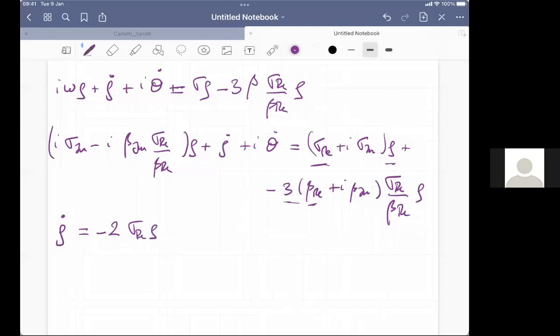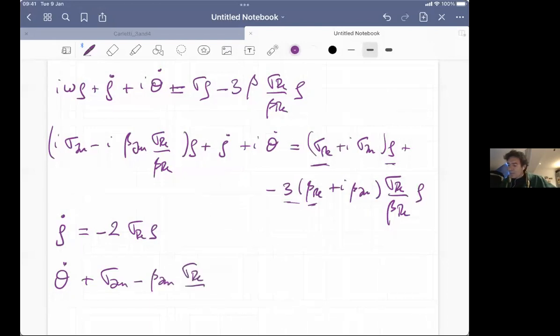And on the imaginary part, you have on the right of course theta dot, and then you have this term here, plus imaginary part of sigma minus beta imaginary part sigma real part divided by beta real part. On the left you have sigma imaginary part, sorry, I forgot the rho: you have i sigma imaginary times rho.